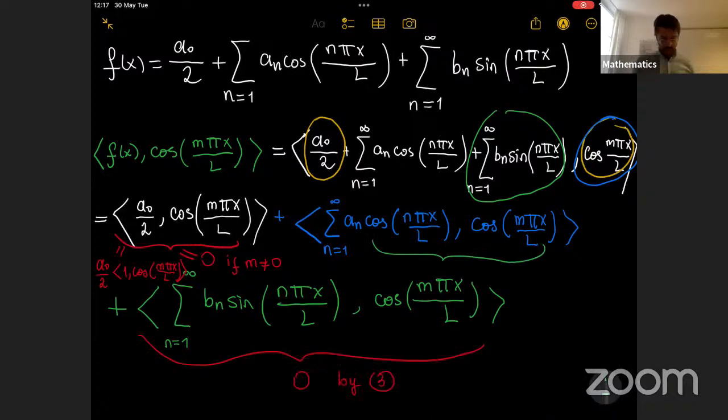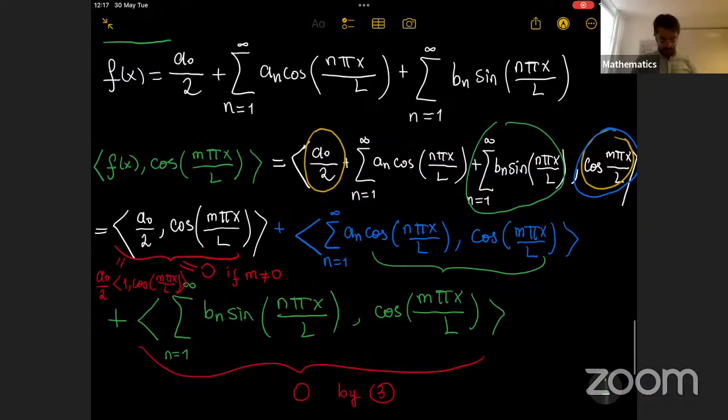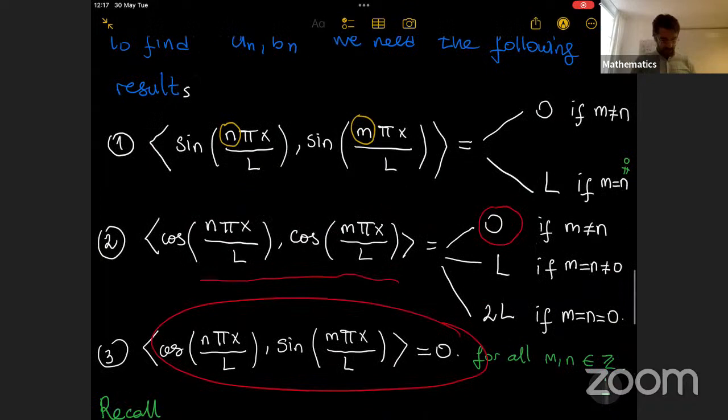Okay, what is this? Well, we have cosine, cosine, right? And remember, when you have cosine, cosine, number 2 here says it is non-zero if m and n are the same, but not 0.